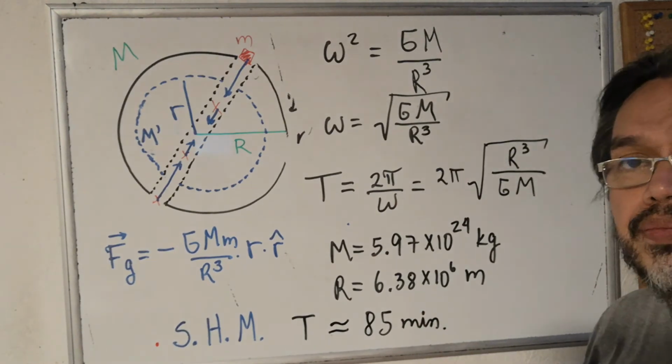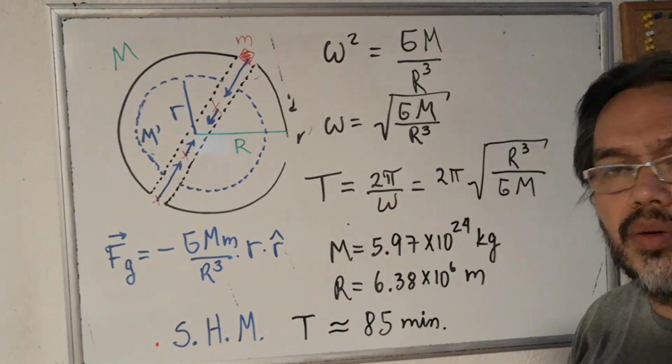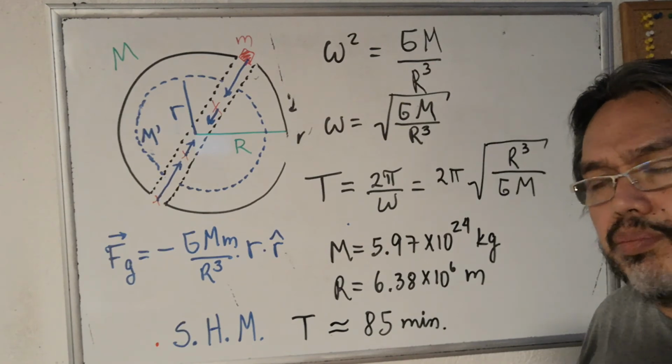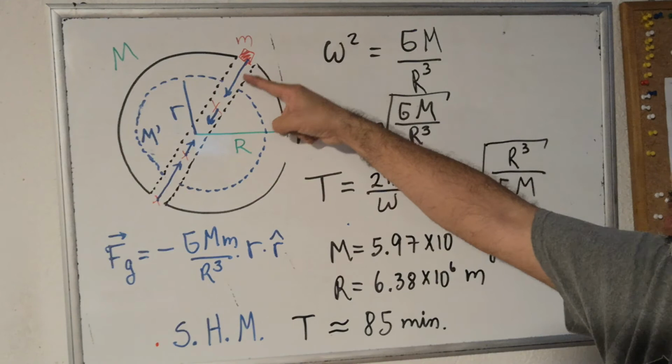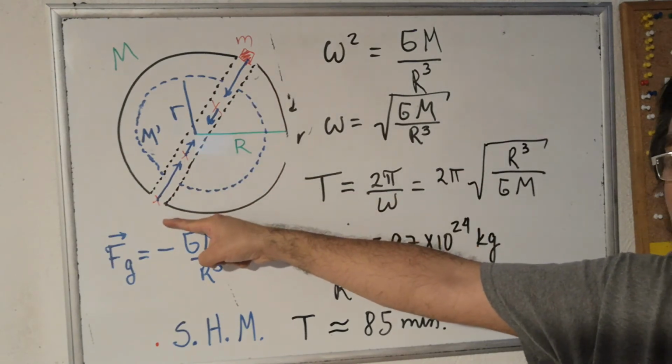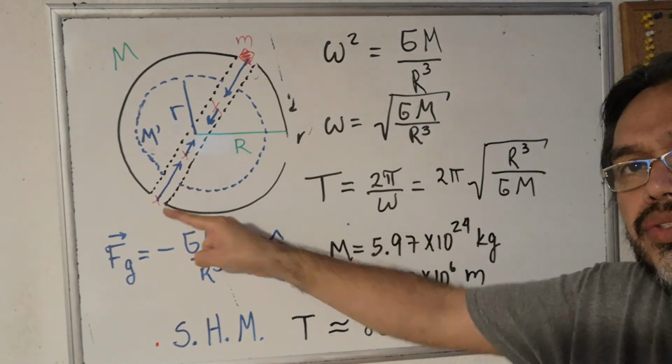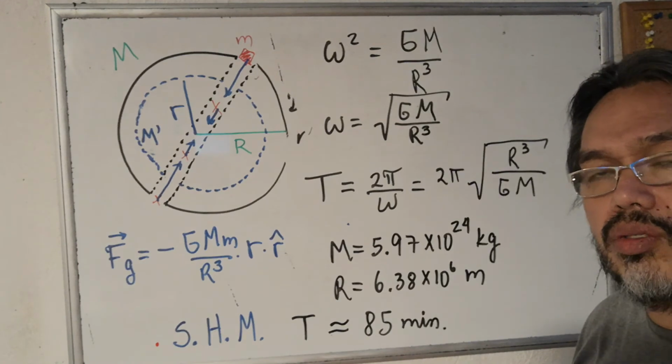Please go home and do some numbers yourself, and let's see if we can prove that this object can travel all the way to the other side in just under 3/4 of an hour.